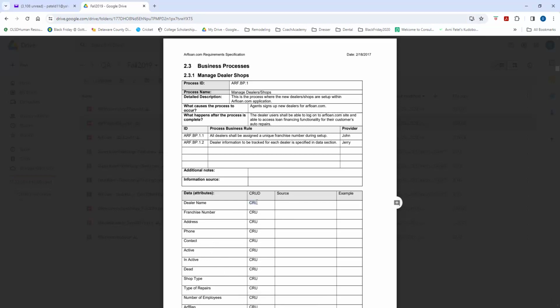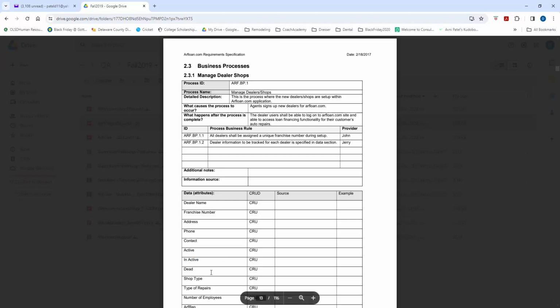I have a question. What does dead mean? It was one of the data attributes. So what it means is it's inactive. That means this dealer is not active in the system, so they will not be able to submit any credit application. Active means they are able to submit the credit application.